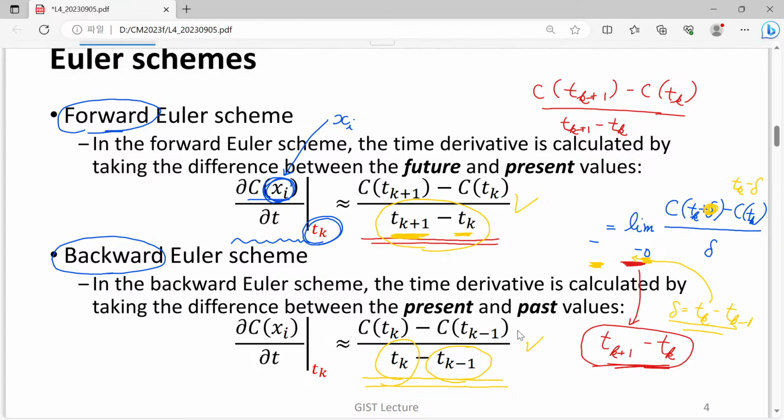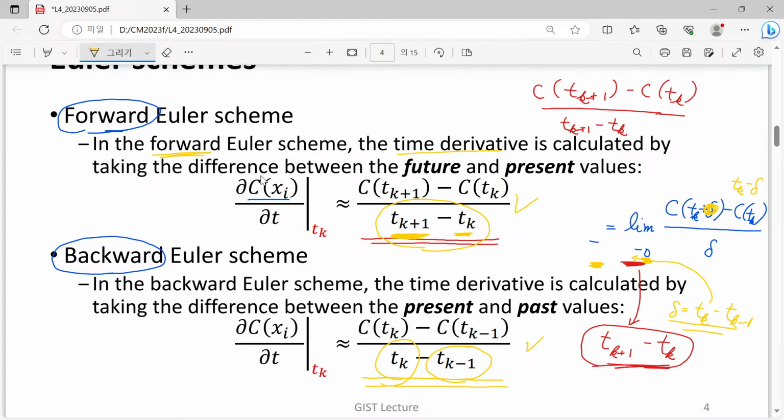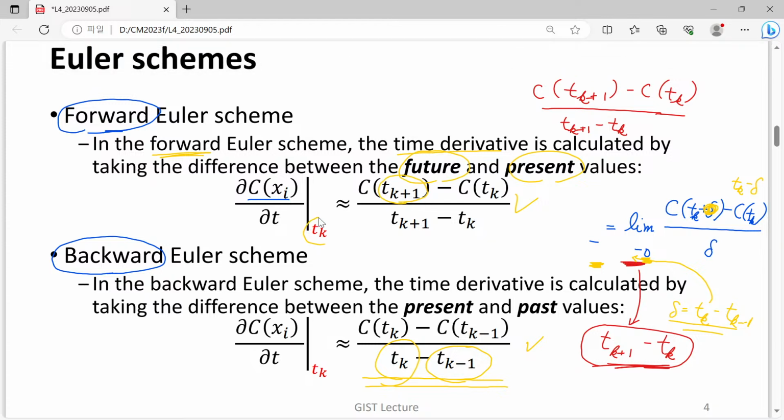So simply speaking, I want to summarize like this. In the forward Euler scheme, the time derivative is calculated by taking the difference between future and present values. Here, future means the values at t sub k plus 1 when t sub k is the present.